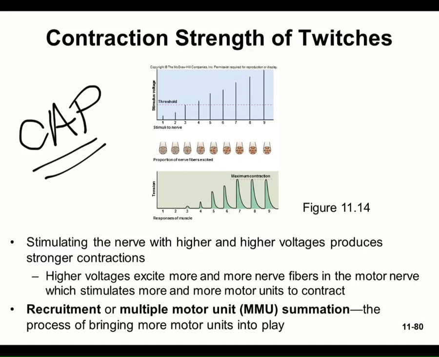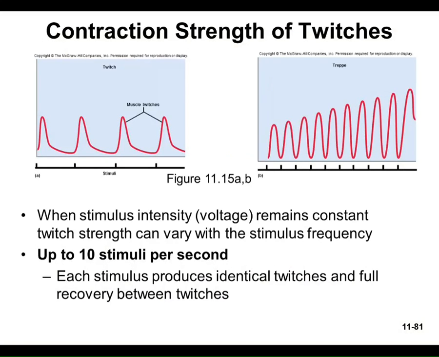Send every signal, right? I'm going to send a massive signal, and I'm going to tell every single motor unit within that muscle to do the work. So we would say multiple motor unit summation, adding them all together, or this idea of recruitment. Does that make sense?